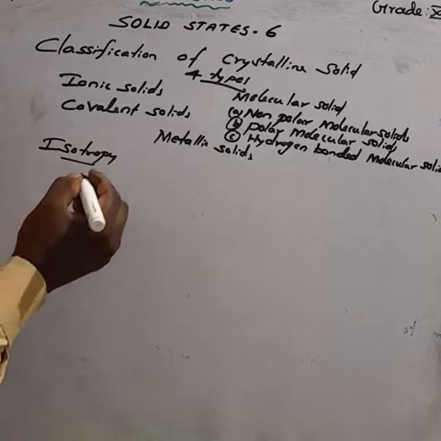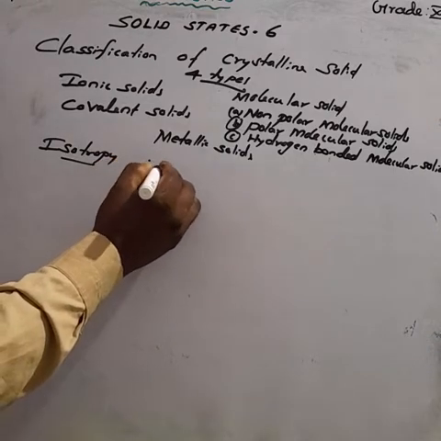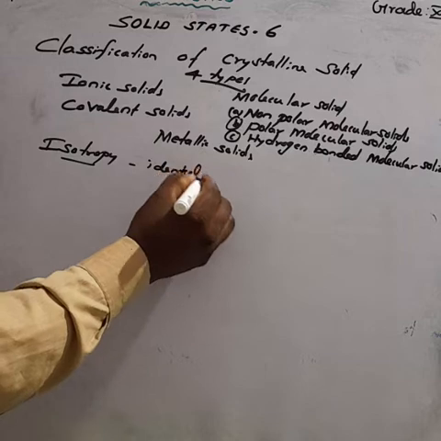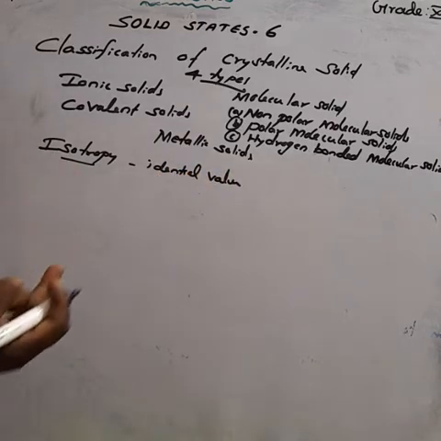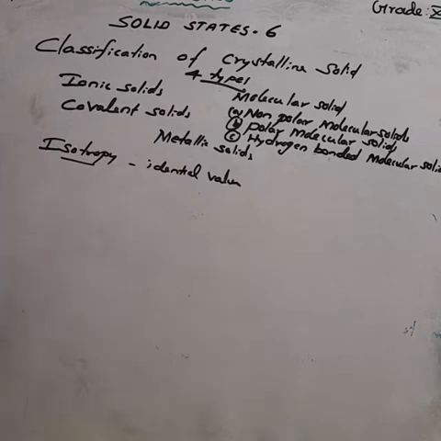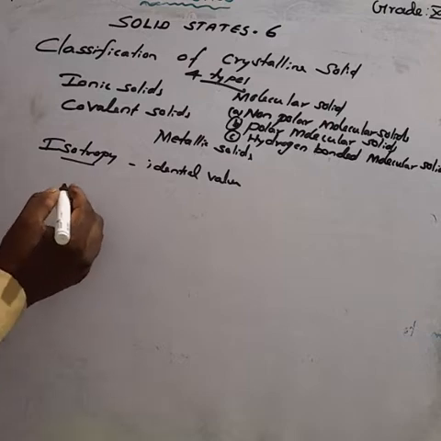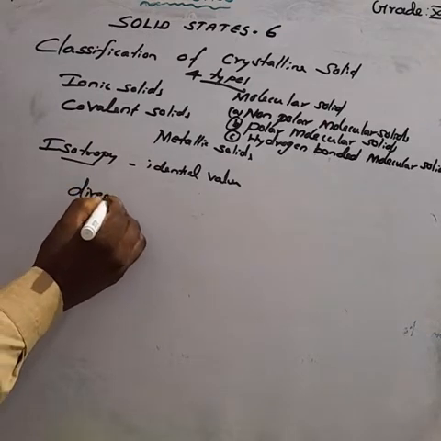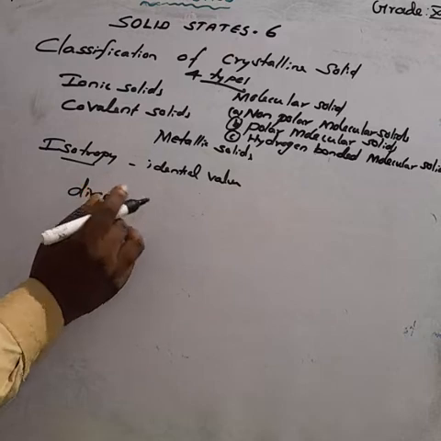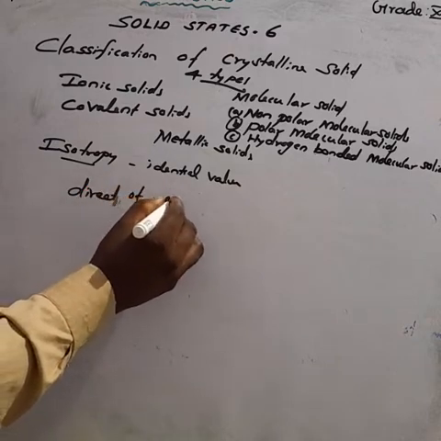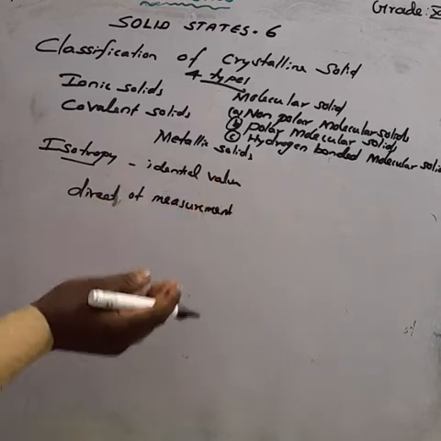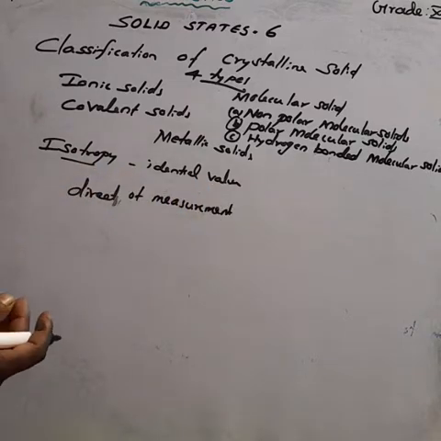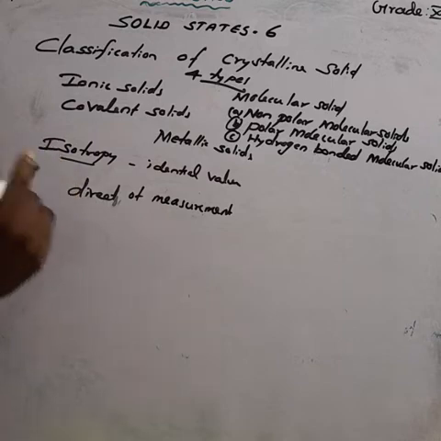Isotropic means they have identical values of physical properties such as refractive index, thermal conductivity, electrical conductance, etc., in all directions. Anisotropy is the property which depends on the direction of measurement. Crystalline solids are anisotropic because they show different values of physical properties, which can be measured along different directions.